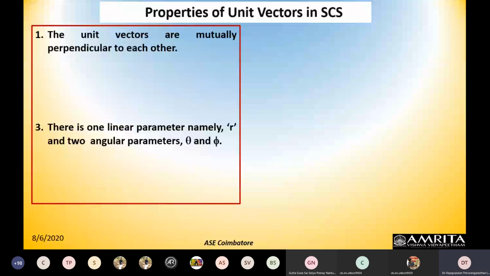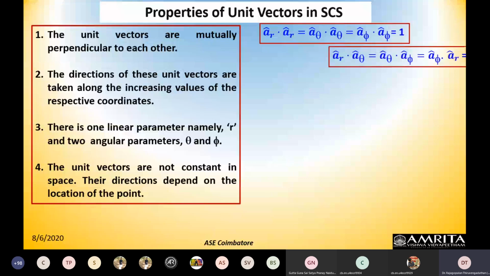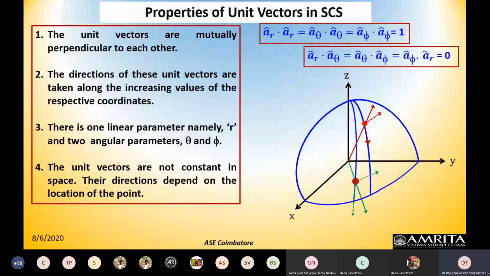Now, the directions, as I said, of these unit vectors point along the increasing values of these coordinates, and the unit vectors are not constant in space. They vary with respect to the point in space. The dot product relationship between the unit vectors is a consequence of the definition of the dot product itself, because the dot product between two vectors a and b is mod a mod b cosine of the angle between them.